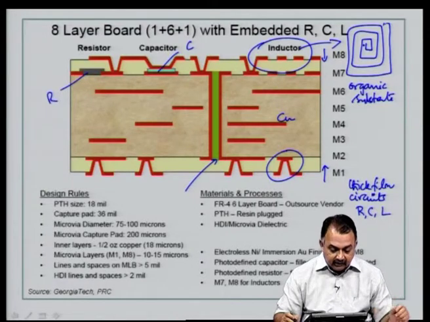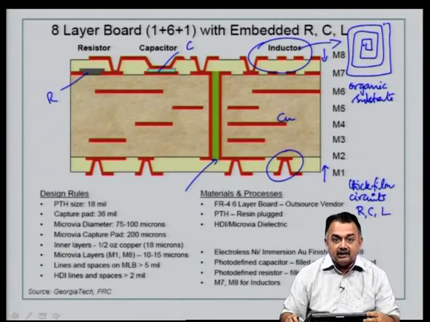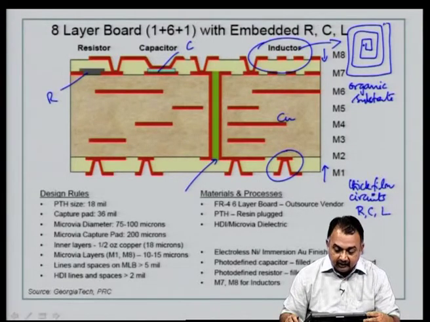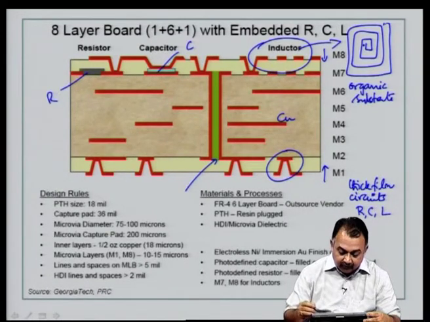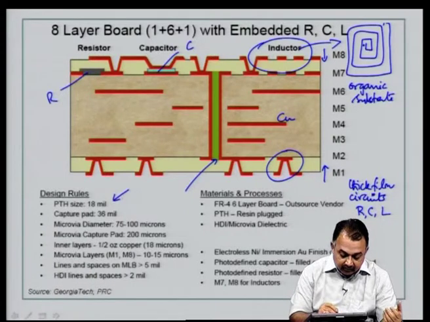Now, this is a slide from Georgia Tech PRC, where we designed this embedded R, C and L, and then this was fabricated and tested. And basically what I am trying to highlight here is that this is a high density interconnect circuit, because you can see pad sizes are very small, micro via diameters are 75 to 100 microns, capture pad is 200, inner layer copper is 18 micron thick.